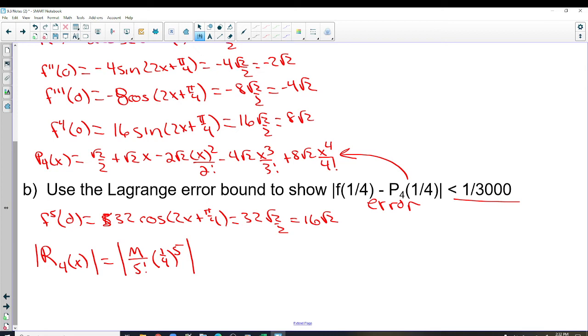What should it be? 16 square root of 2? No. Great guess, though. That's the road I led you down. But that would not be it. And I can see the confusion, which is fine. I expected it. What should go there? It's not 16 square root of 2.